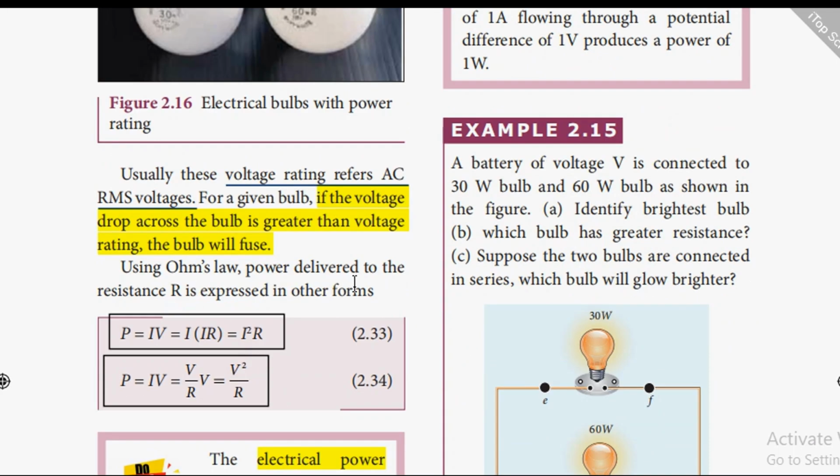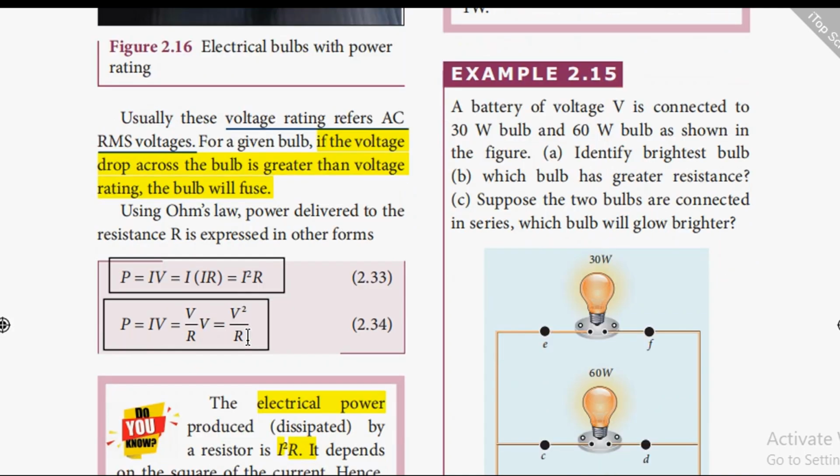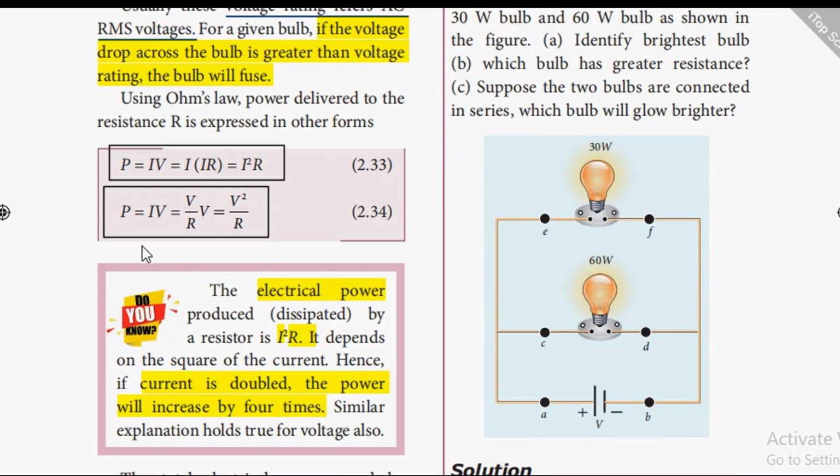Using Ohm's law, power delivered to the resistance R is expressed in other forms as P equal to IV, or I times IR, that is I squared R. Also P is equal to IV, and substituting for I, we can write this expression as V by R times V, that is V squared by R. So in one case the power is directly proportional to the square of the current, and in the other expression the power is directly proportional to the square of the voltage.